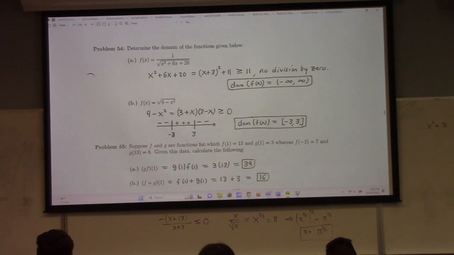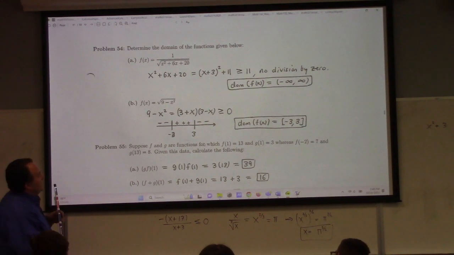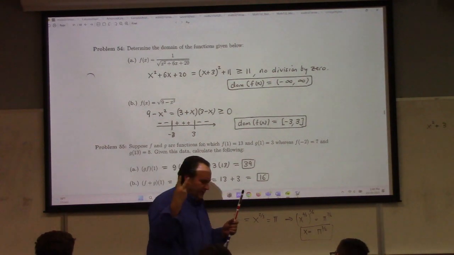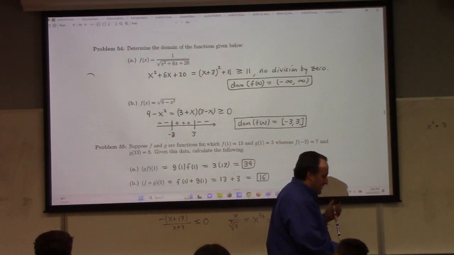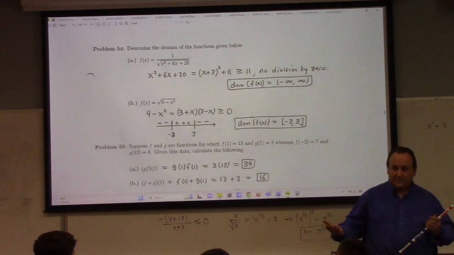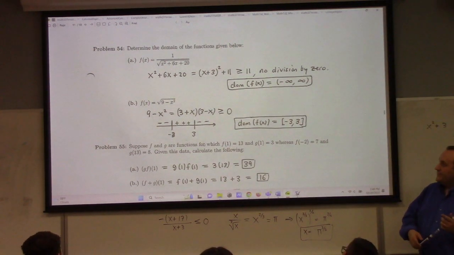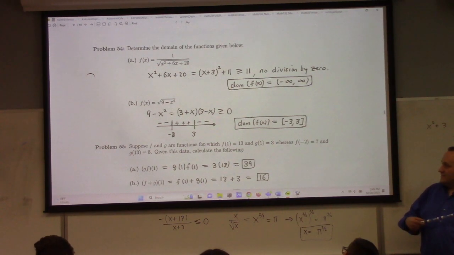So, don't forget, for the domain of a function, there's basically two things you're worrying about. Namely, division by 0. Never a good idea. Unless you're trying to kill the function, and in that case, it's an effective method.